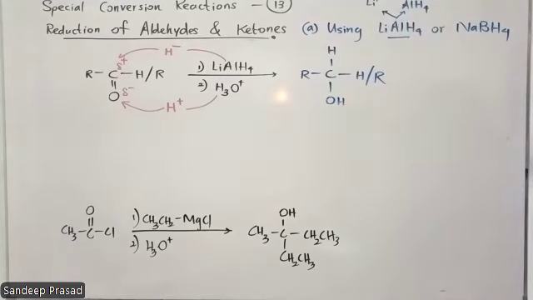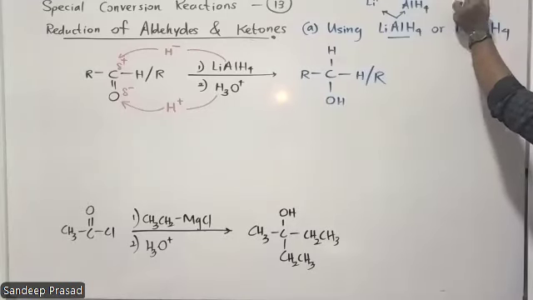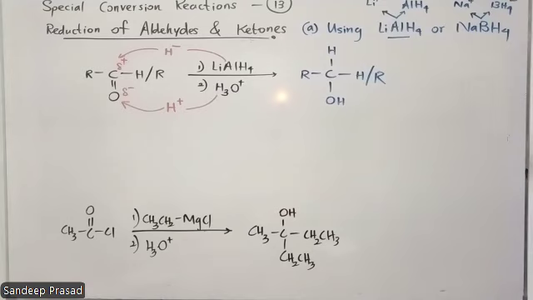And sodium borohydride is made by sodium plus cation and borohydride, BH4 minus. So that is the first method of reducing aldehydes and ketones.